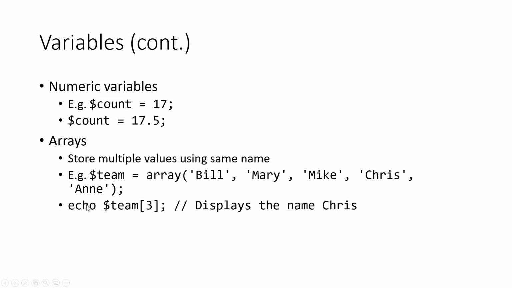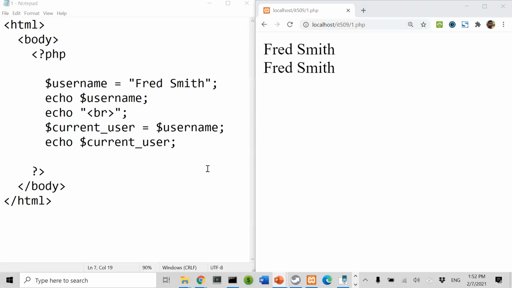In a similar way, if you want to store multiple items, we can use an array, and then we can call it. Remember PHP is zero indexed. So when you say team, you should get zero, right? Let me quickly show you this in the work.